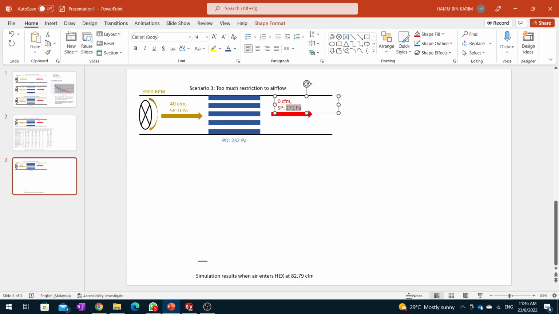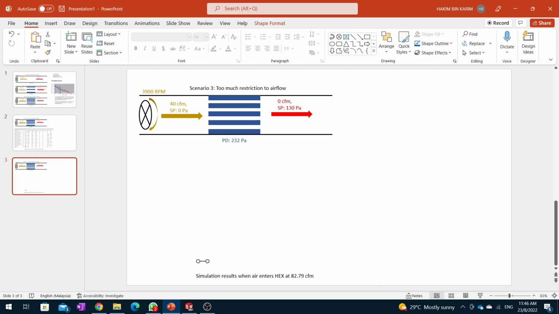So if this fan is only rotating at this kind of power, 3900 rpm, we can only expect the fan to produce a static pressure of around how much? Maybe like 140 Pascal, 150 Pascal. Which means that the fan static pressure is still not enough to overcome the pressure drop. So yes, in conclusion, this is the main issue of our design.